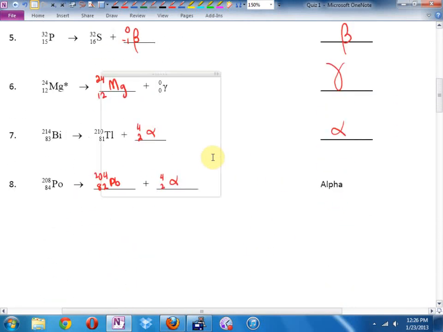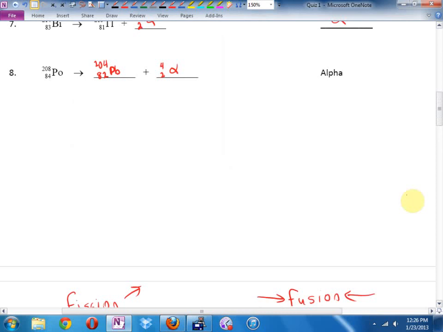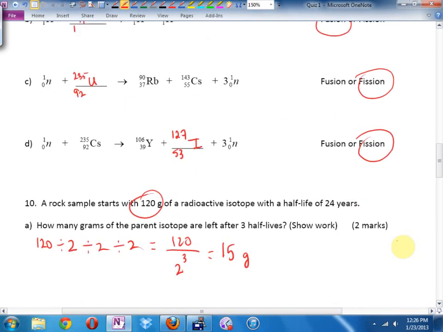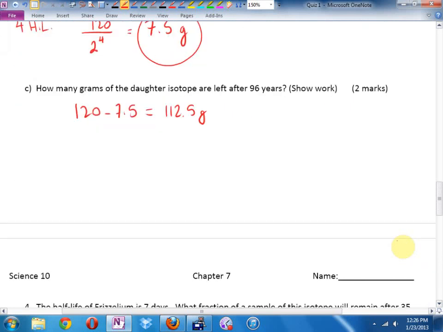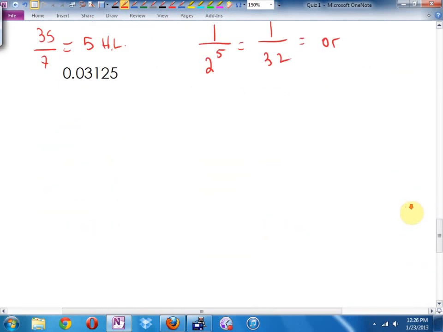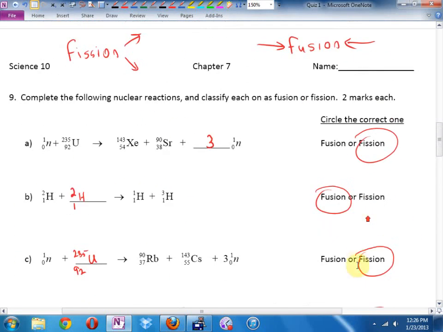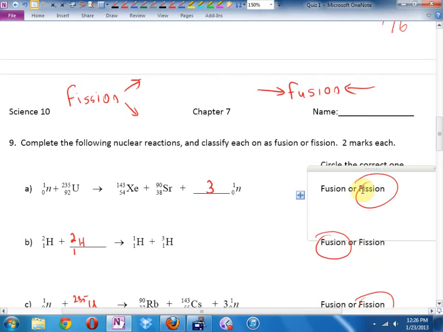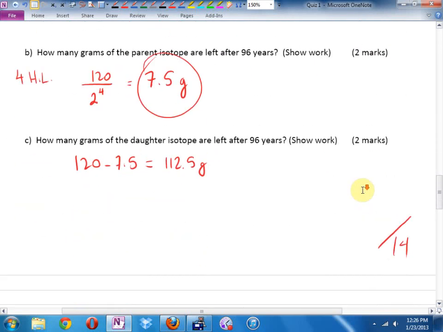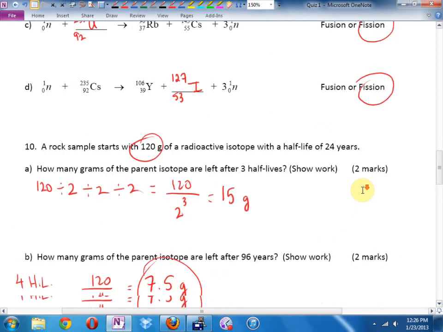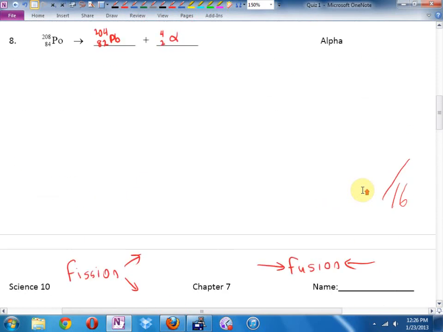Well, front page is out of 16, right? Second page out of 14, right?